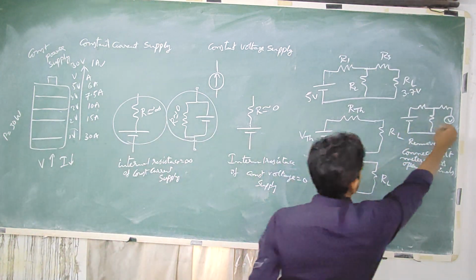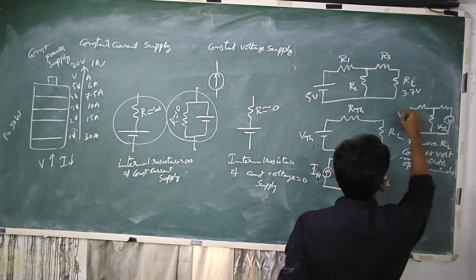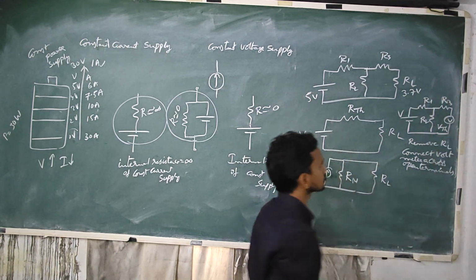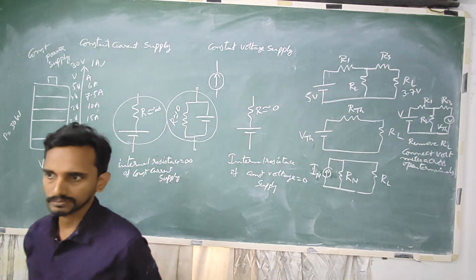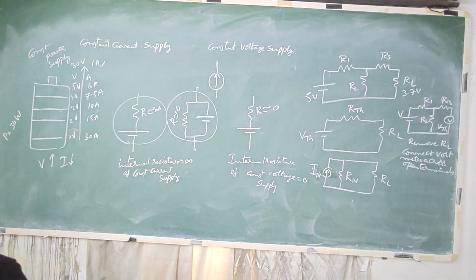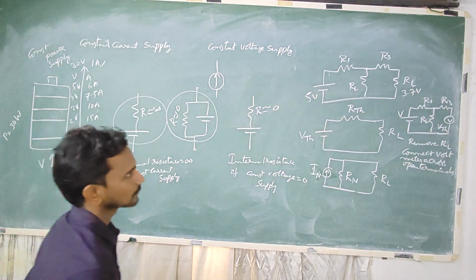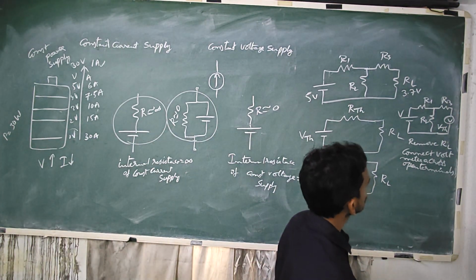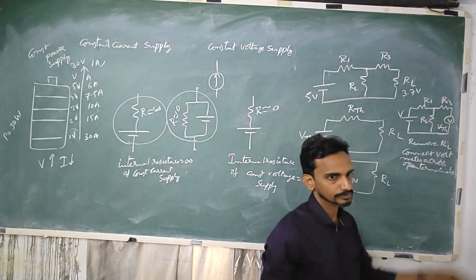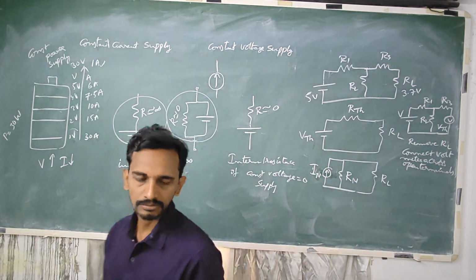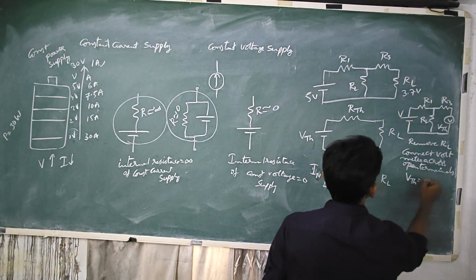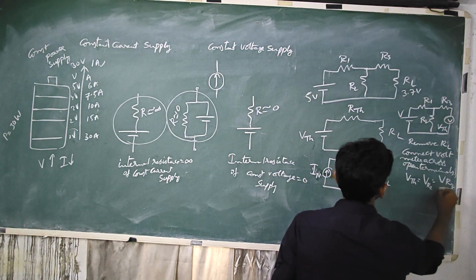That particular voltage reading is VTH. And what is that value? It is the voltage drop across R2. So VTH is equal to V R2 by R1 plus R2.